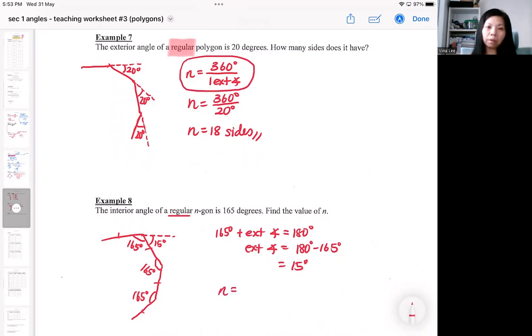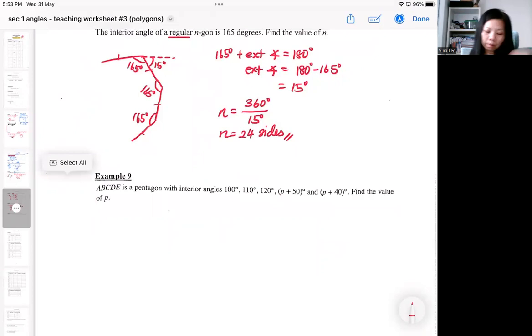This formula is valid for that. So 360 divided by 15 degrees. I'll get 24 sides. So it's a very, very big polygon because there are 24 sides.